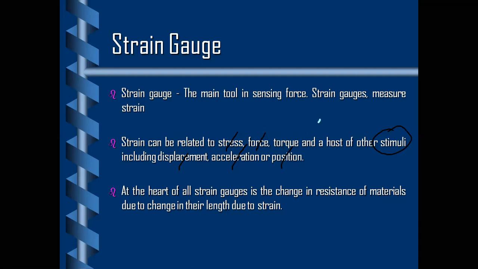Now, at the heart of all strain gauges is the change in resistance of the material due to the change in its length due to strain. What is the concept? When you apply that particular parameter, its length is going to change, its area may change, and its resistance is going to change.